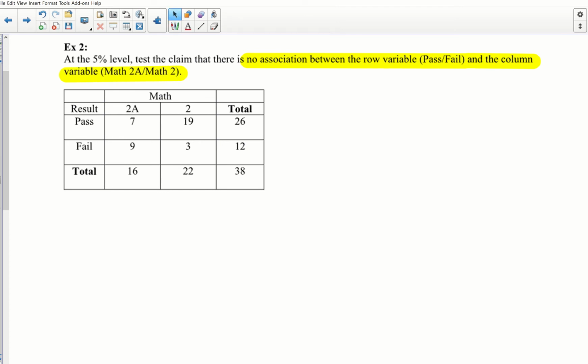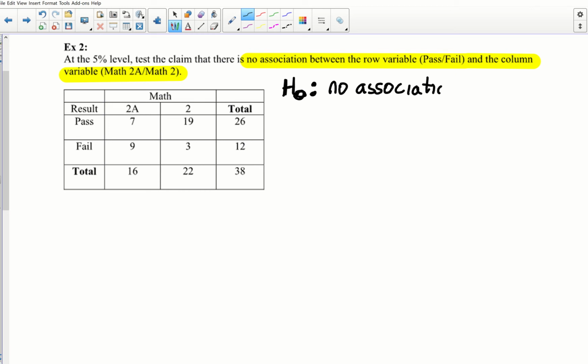All I'd have to do is make a statement saying for H0 that there is no association, and we could streamline it between pass fail and the course 2A versus 2.